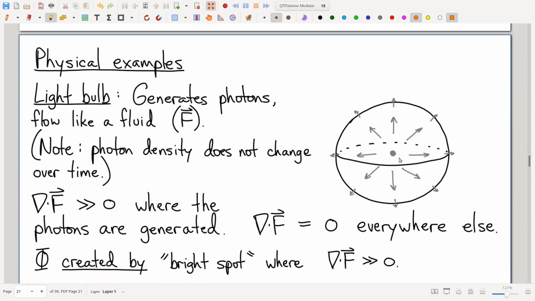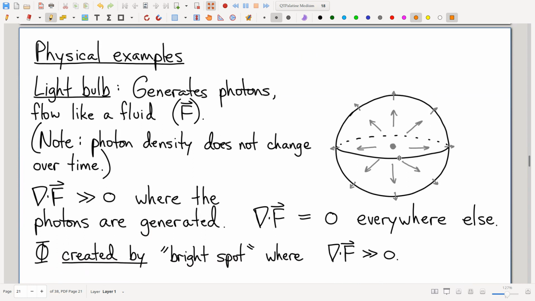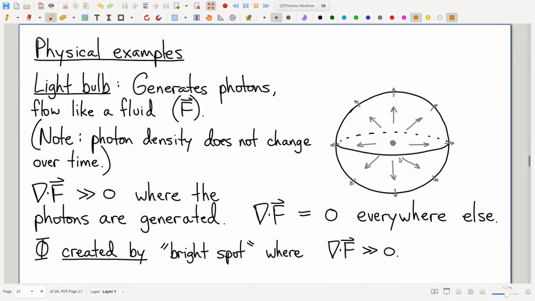Okay, let's see here. We've got a little bit of time to talk about a physical example. This is my recent favorite physical example for the three-dimensional divergence theorem. It's about light bulbs. I like it because it's relatable. Everybody understands light bulbs.